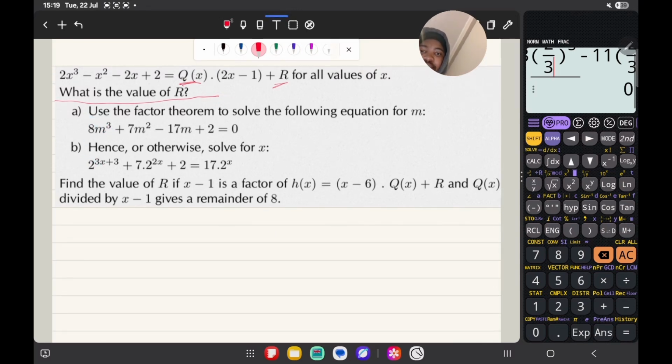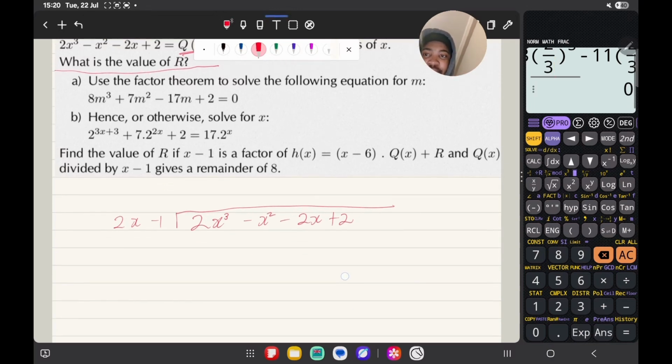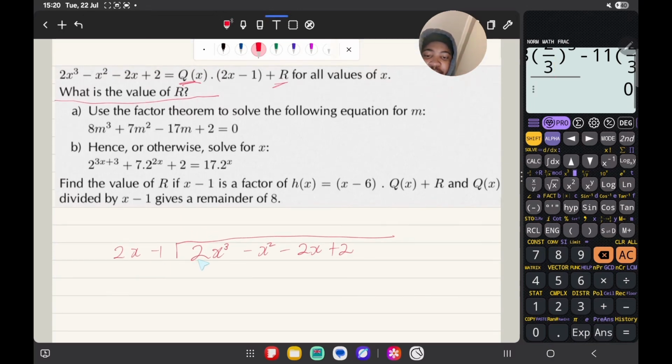So here, to find the remainder, you would say 2x minus 1. You are doing the long division, or you could use your synthetic, right? Yeah, you could use your synthetic method, but I like long division.